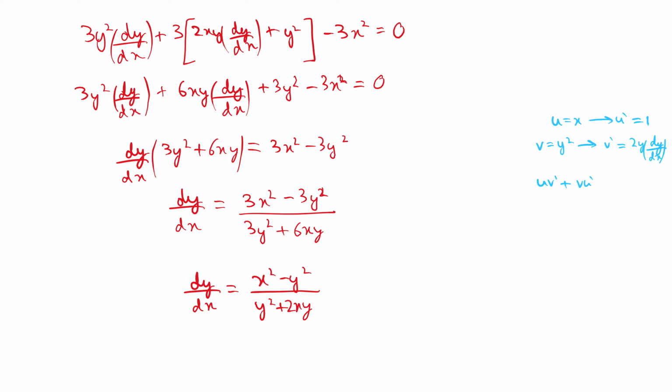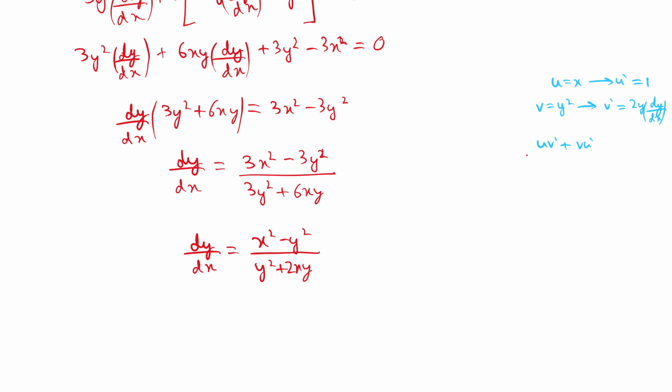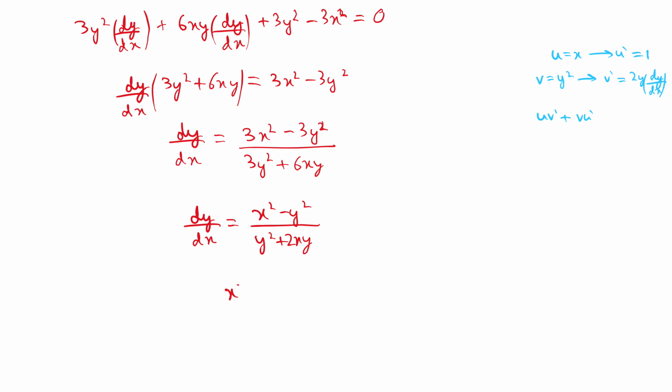So now that we have an expression for dy/dx, we can set this equal to 0 because we need to find the coordinates at which dy/dx is equal to 0. So x squared minus y squared over y squared plus 2xy is equal to 0.